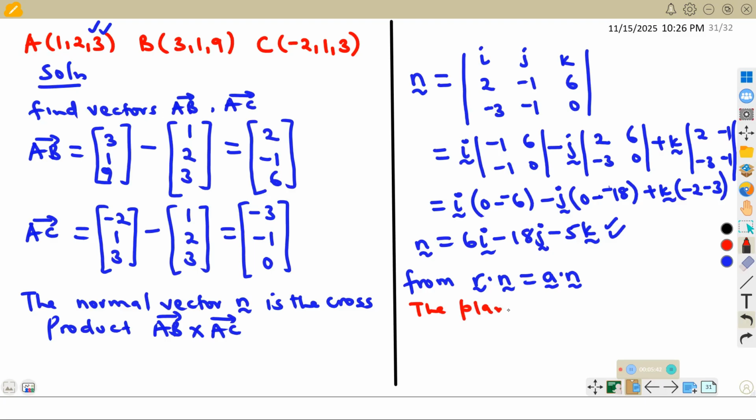So the plane equation using a point A, and that point A is 1, 2, and 3. R is the general point on the plane, and R is same as x, y, and z.